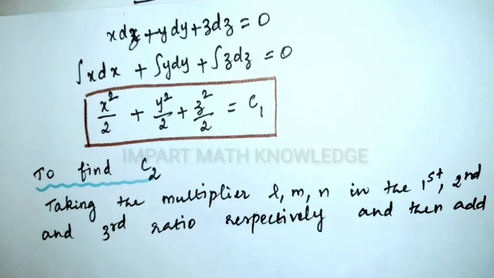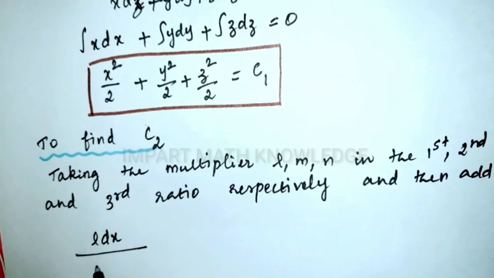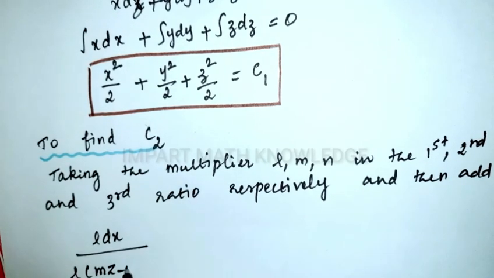Finding the second constant, we take the multipliers l, m, n.